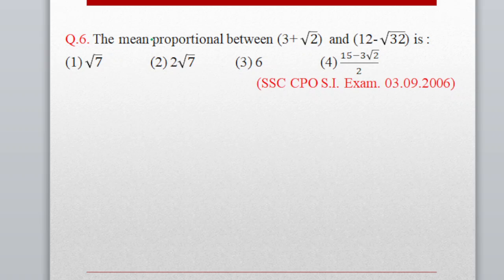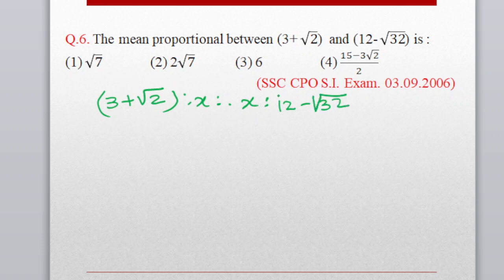Question number 6. The mean proportional between 3 plus root 2 and 12 minus root 32 is dash. Now here, mean proportional, we can write the question as follows: 3 plus root 2 is to x is to x is to 12 minus root 32.